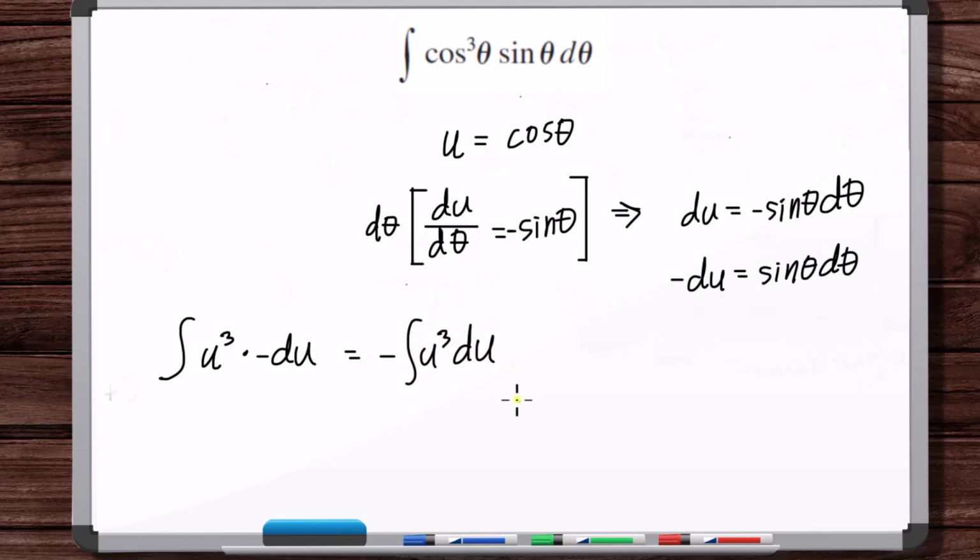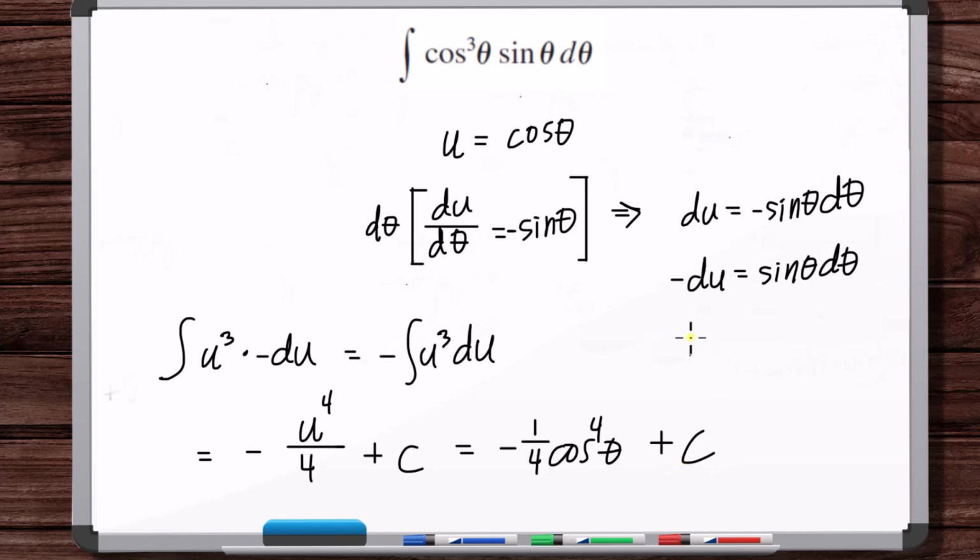So this is, using the inverse power rule, u to the 4th over 4. Okay, now substituting the u back in, you've got minus 1/4 cosine to the 4th theta plus c.